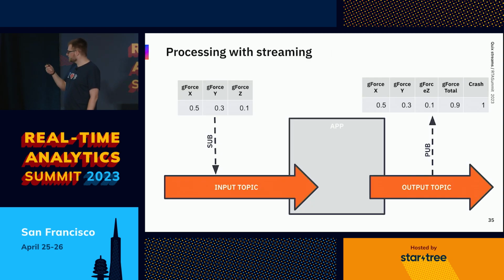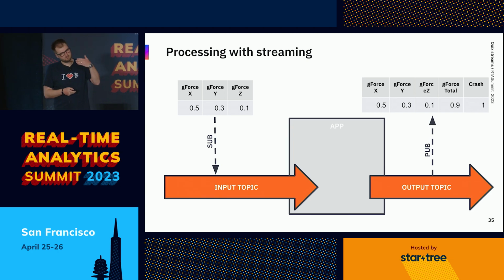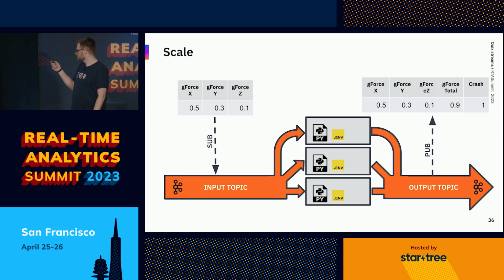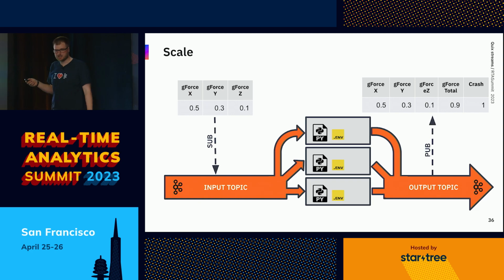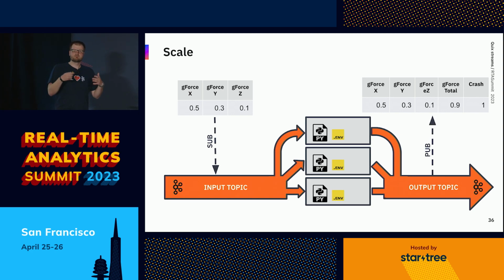So we're going to build a service that subscribes to input data, calls the ML model, and produces the output. And we can scale it because this service is listening to actually smaller topics running in the cluster, distributed over different nodes. So each instance will get a third of the data.